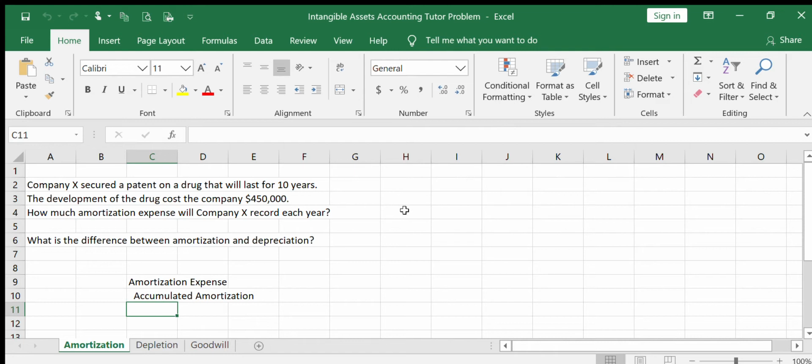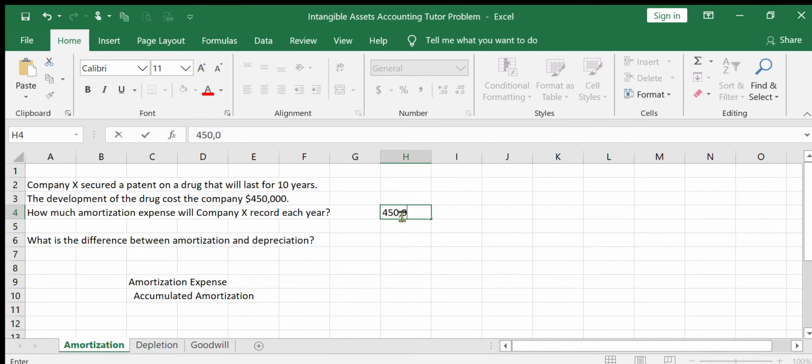So the first thing we need to do is we treat amortization like we do straight line depreciation. So that means we have our cost is $450,000. And then we divide that by, in this case, how long the patent will last, which is 10 years.